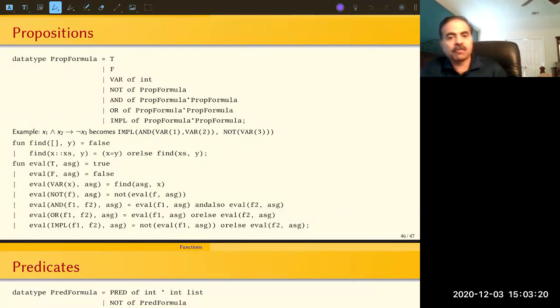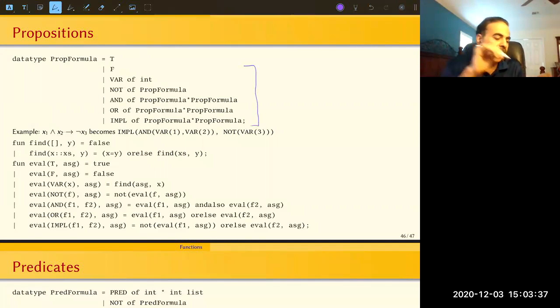We discussed propositional formulas and how to evaluate them given the values of variables in the propositional formulas, and we could express all of that using a simple program in standard ML.